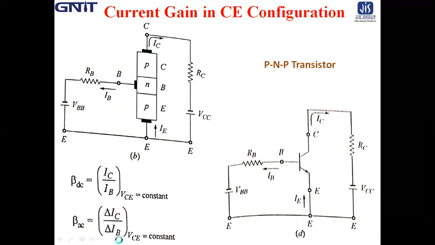And if the current is an alternating current, then a ratio of del IC by del IB for a fixed value of VCE is called beta AC. That means AC current gain in common emitter configuration.